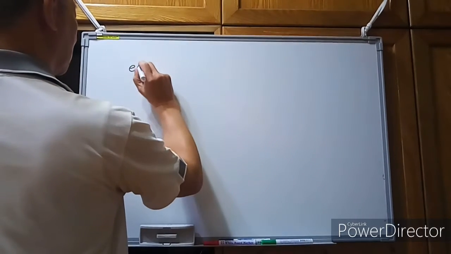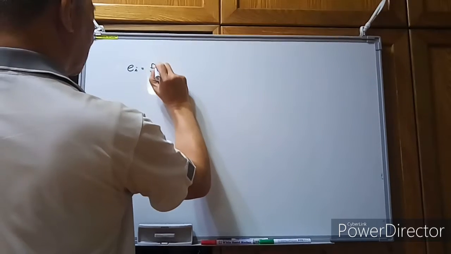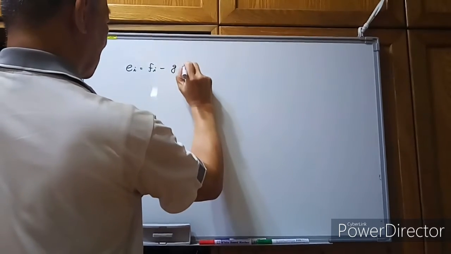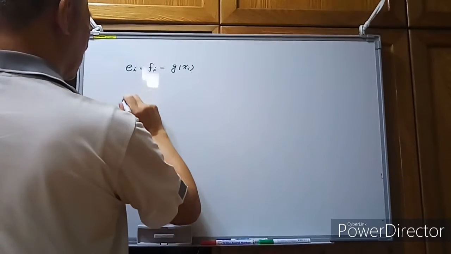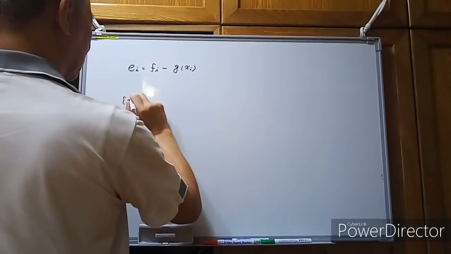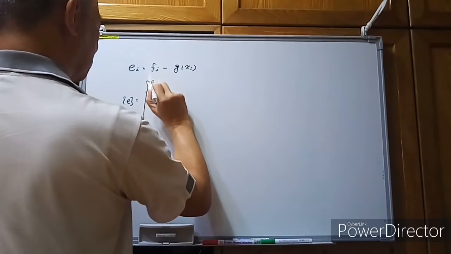If we say the ei is equal to fi minus g of xi, then we can define an error vector which includes the error for all data points.